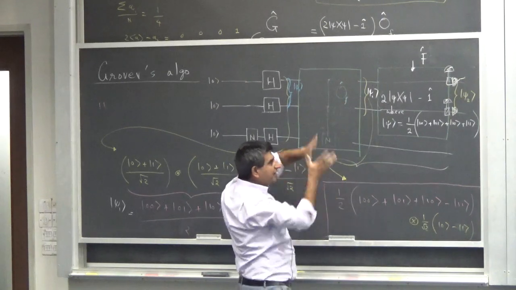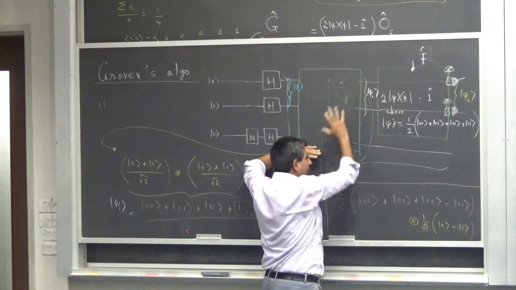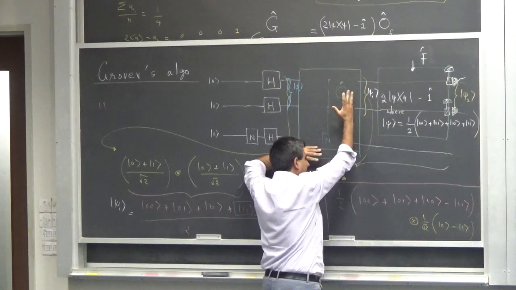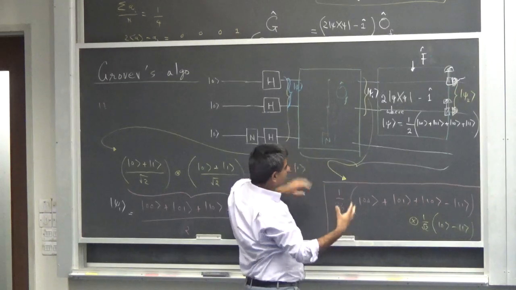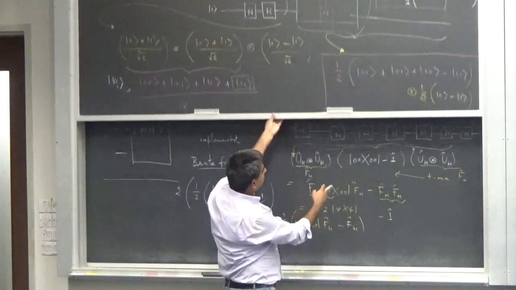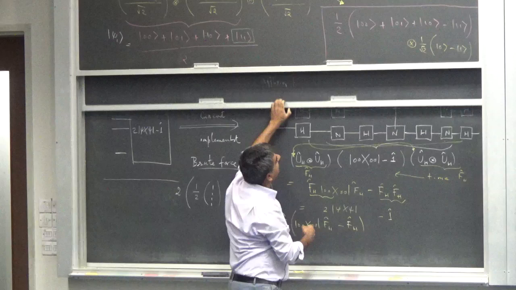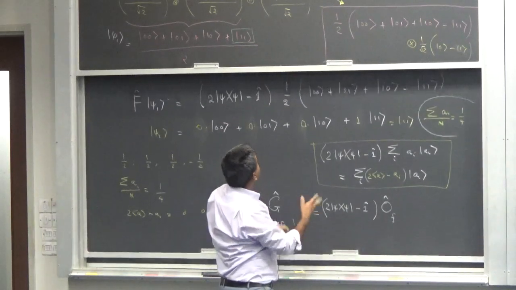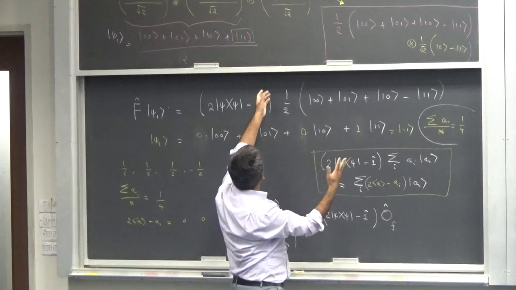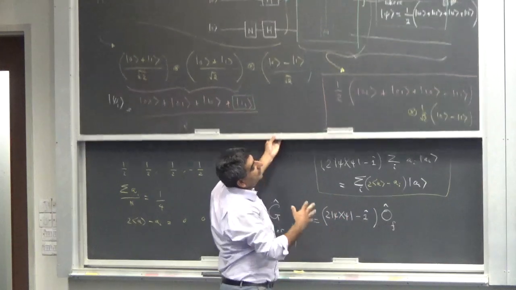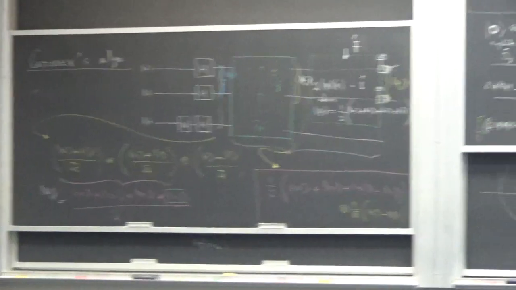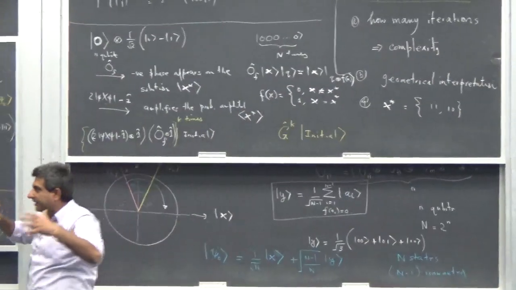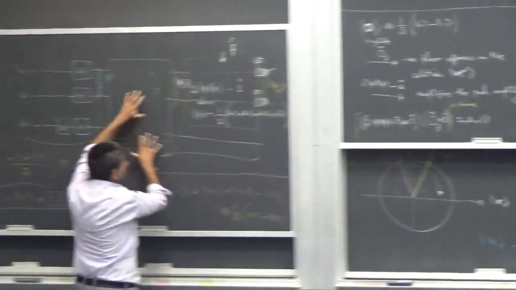You have to cast it into a unitary operation because that's what quantum mechanics is all about. That logical function, which is given over here somewhere, has to be cast in the form of an oracle.